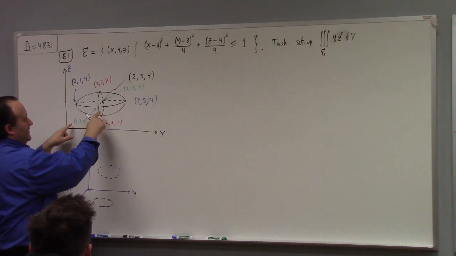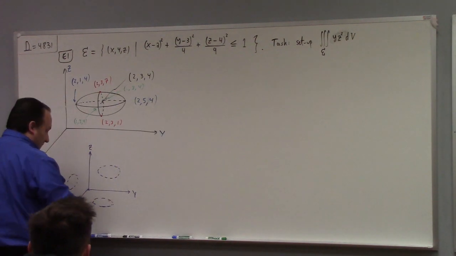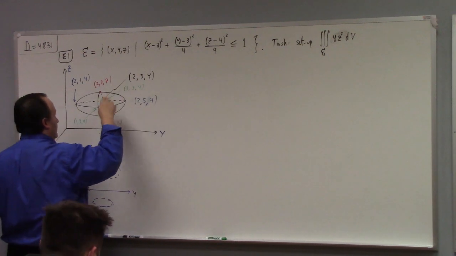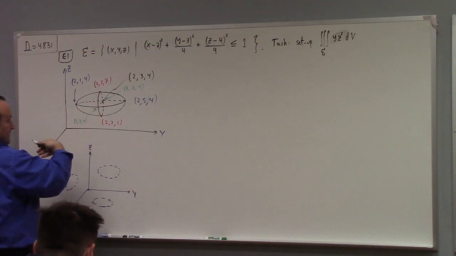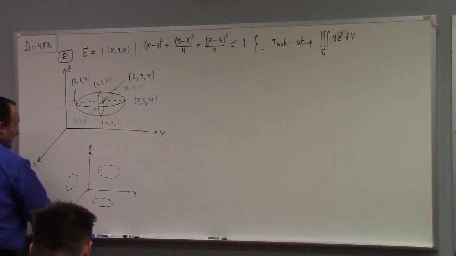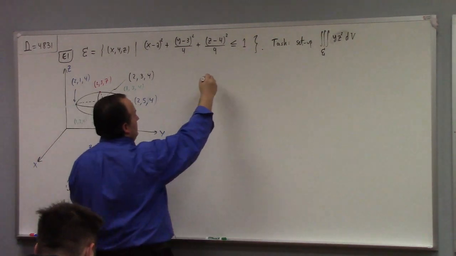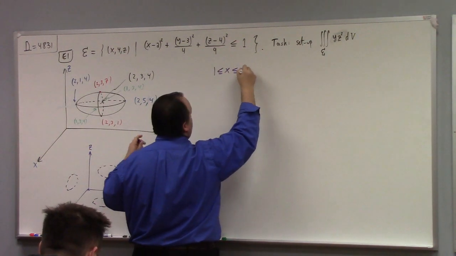I think I've labeled these points backwards, haven't I? So sorry. It usually doesn't matter for my heuristic pictures, but here, at least in principle, it does. So 1 is over here, and 3 is over there, because it's further out in the x, right? Okay, so I have this much: 1 is less than or equal to x is less than or equal to 3.